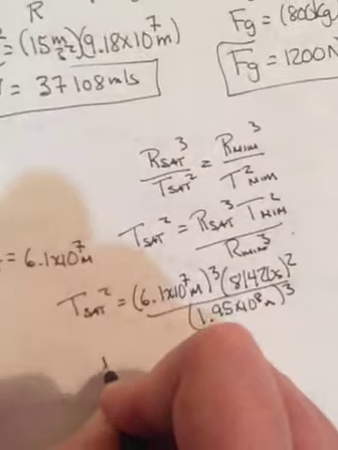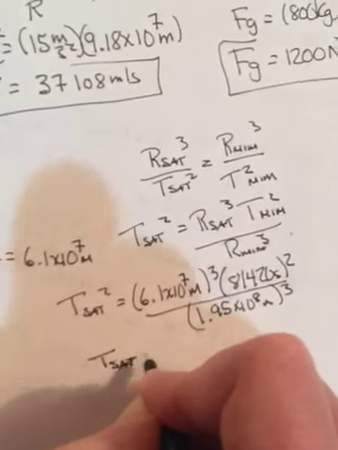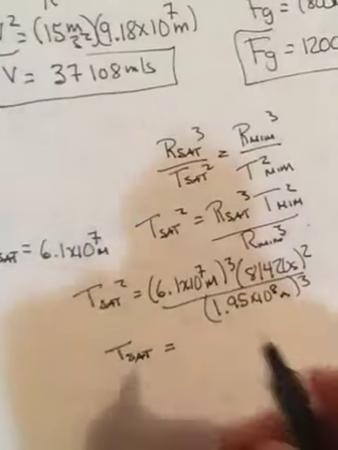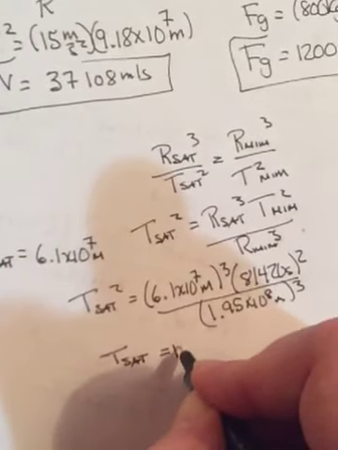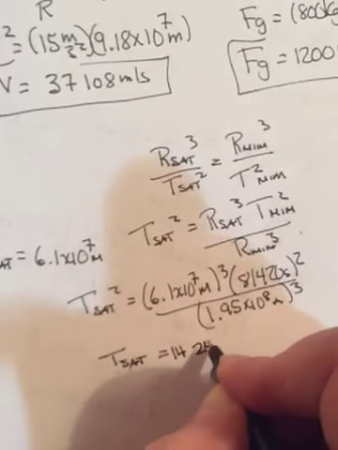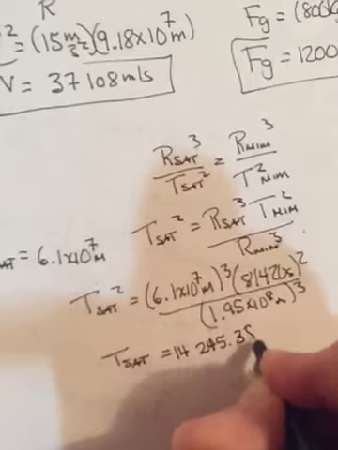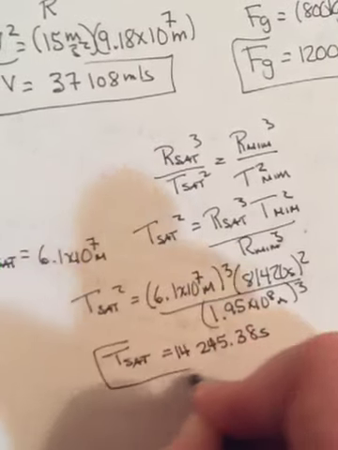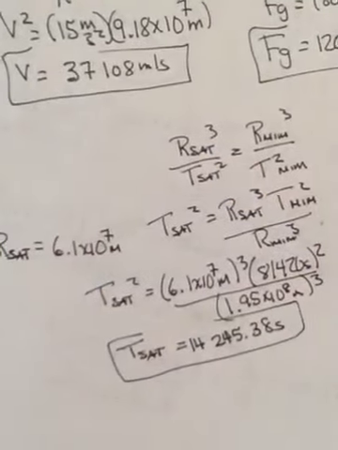Don't forget to take the square root after you punch all this in, and when you do, you get 14,245.38 seconds. So that's part A of number 5.